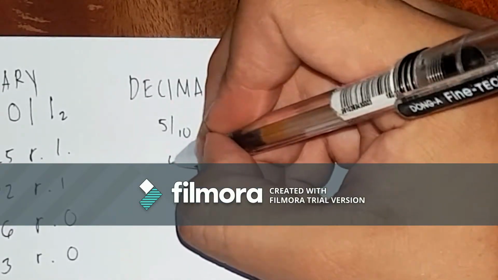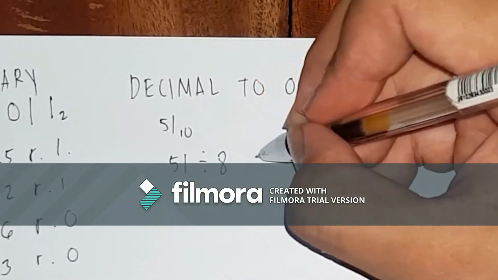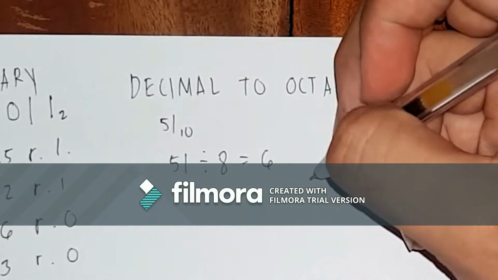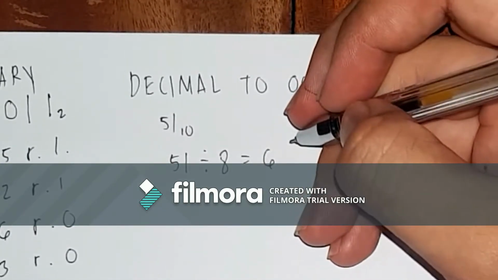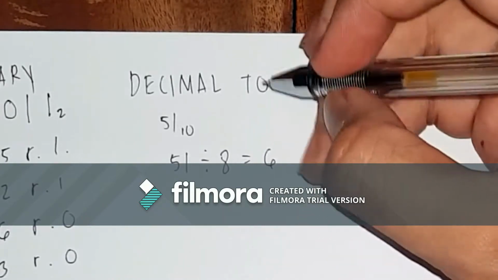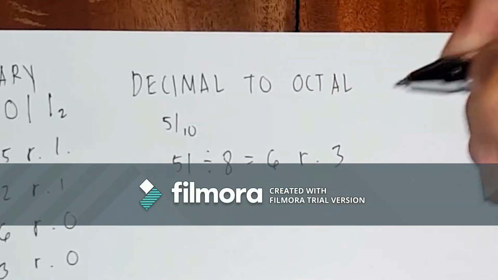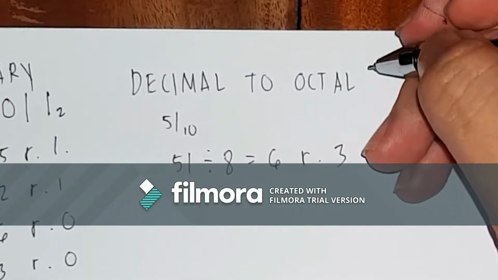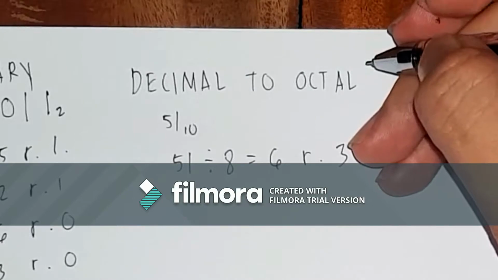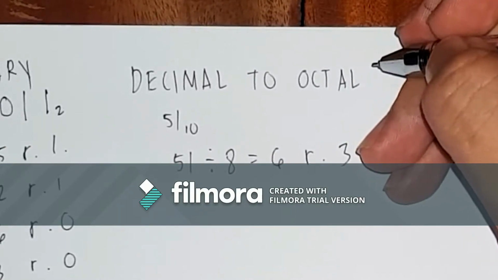So 51 divided by 8 is equal to 6. Again, step 2, write down the remainder of the division operation. Remainder 3. Next, step 3, repeat steps 1 and 2 for each quotient you get until you cannot divide the quotient by the radix any further.